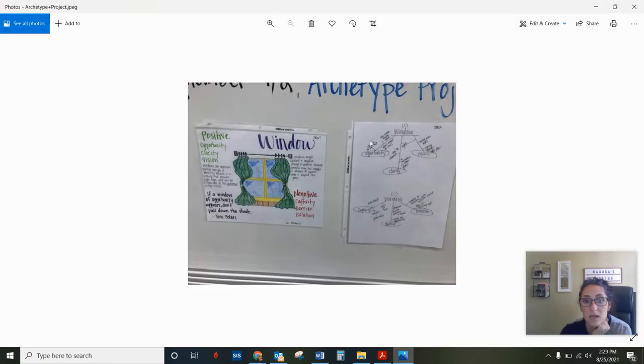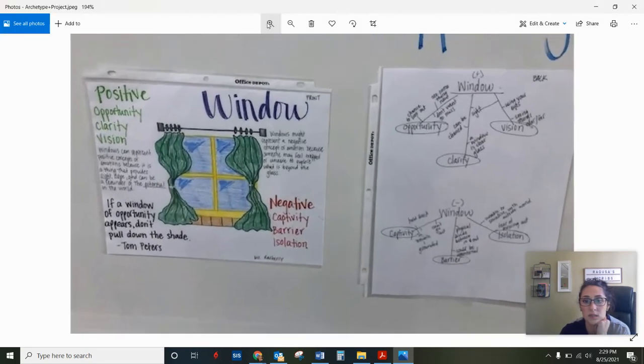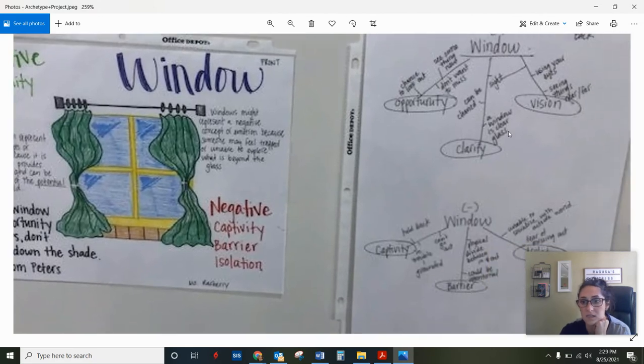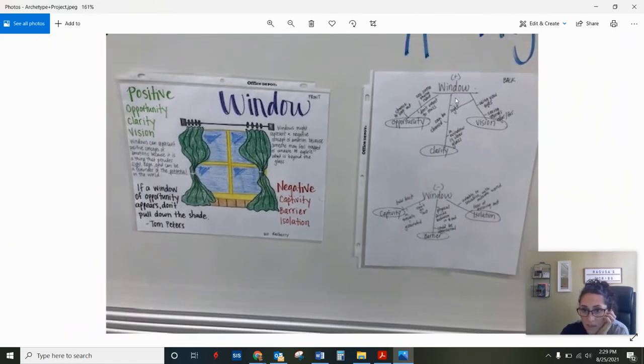Right here. Okay, so let's zoom in. All right, this is the bubble map. You have a positive description of what a window is, and you have the three different positive points that you have found with a window.